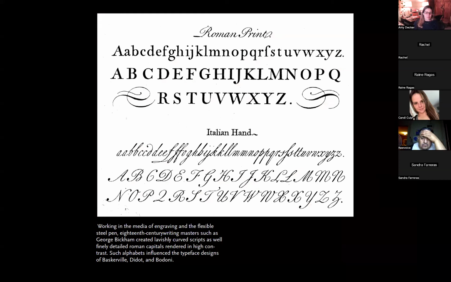Well, working in the media of engraving and the flexible steel pen, 18th century writing masters such as George Bickham created lavishly curved scripts as well as finely detailed Roman capitals, still with that very, very high contrast.